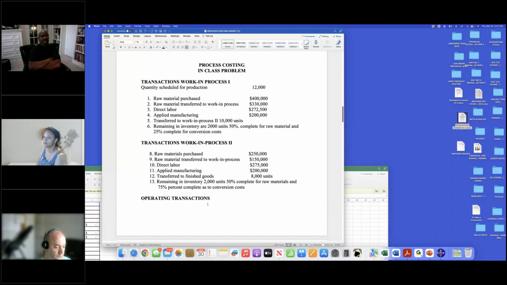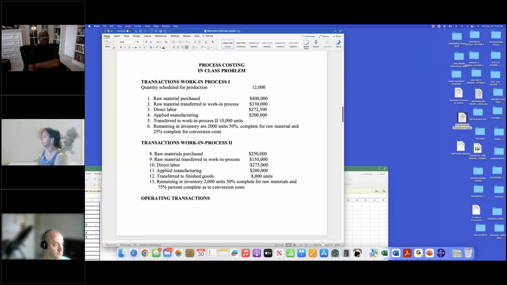In our transaction, the quantity scheduled for production is 12,000. The raw materials purchase is 400,000. We transfer 330 to work in process, that's work in process 1. Then we have direct labor in work in process 1, and we have applied manufacturing overhead.